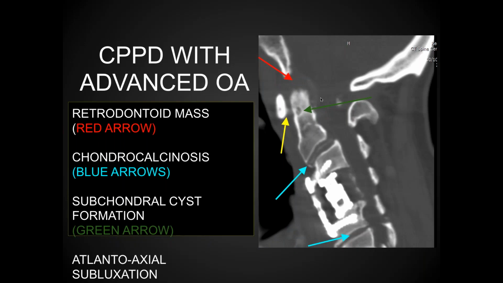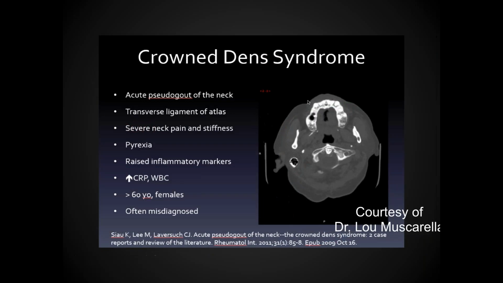Usually it's right back in through here. And you get severe neck pain and stiffness. Some people think that you can get fever, and many people believe that it's an inflammatory condition. Personally, like a lot of other areas where you get calcification within ligamentous structures, I think it's much more likely to be due to trauma and dystrophic calcification, and that the pain is really due to traumatic injury to that particular area.